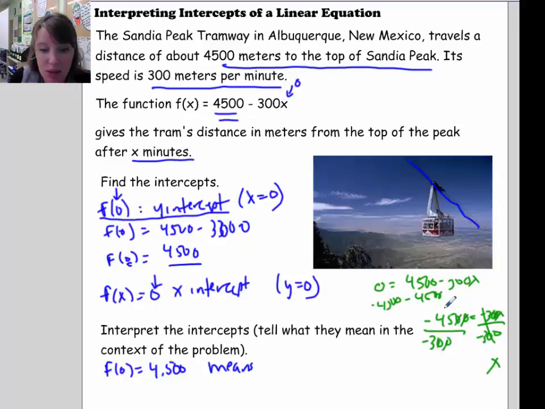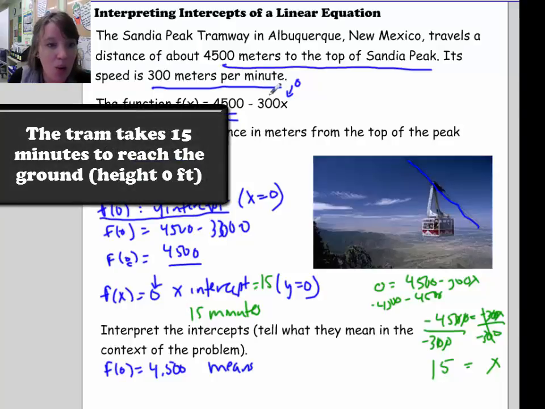Let's cancel some of these zeros. So we have just negative 45 divided by negative 3 is 15. So our x-intercept is equal to 15. Now remember, that's our x value and the y value is 0. So our x-intercept is 15, which means it's 15 minutes.